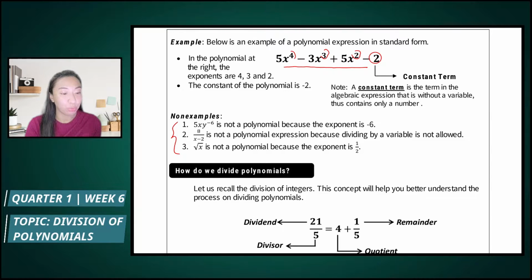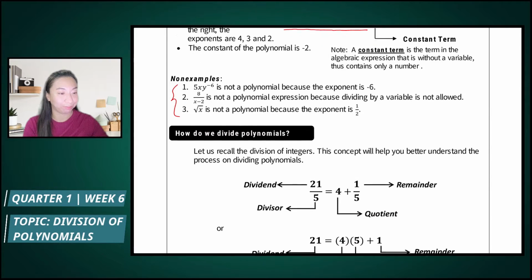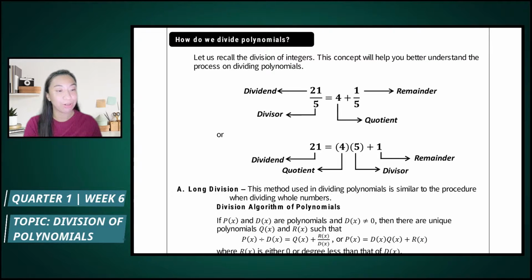Now, how do we divide polynomials? Let us recall the division of integers. This was taught to you, I think, in grade 7, so you have to review the concept on division of integers. This concept will help you better understand the process of dividing polynomials. Take note that if it is in fraction form, the numerator becomes our dividend and the denominator becomes our divisor.